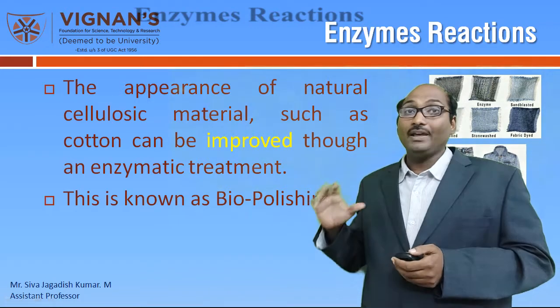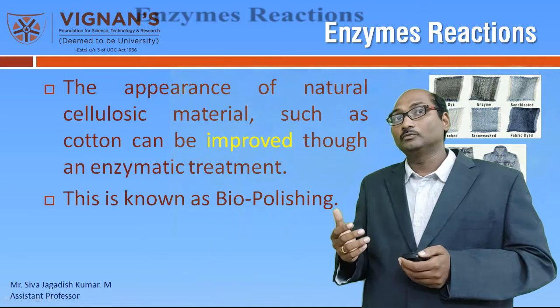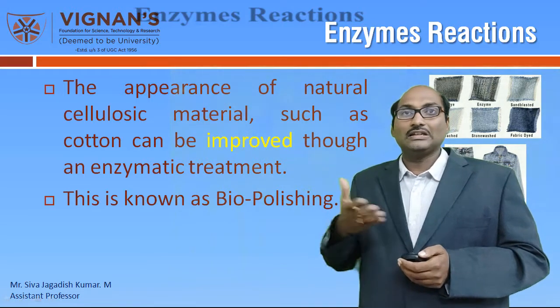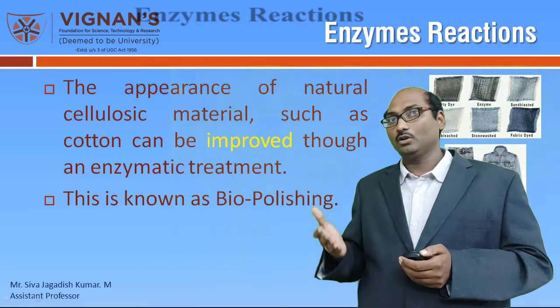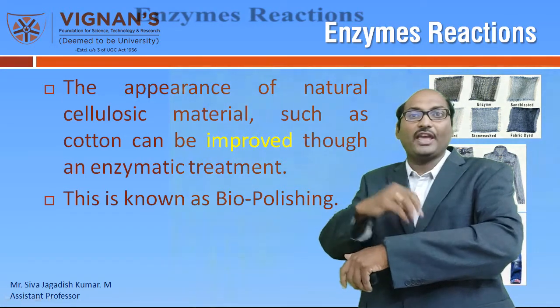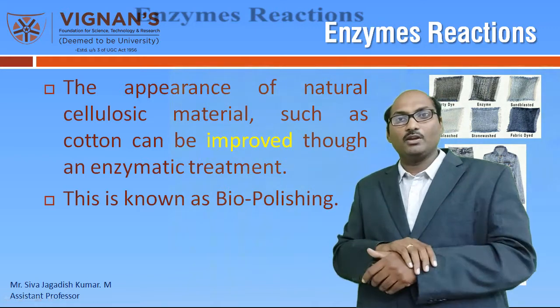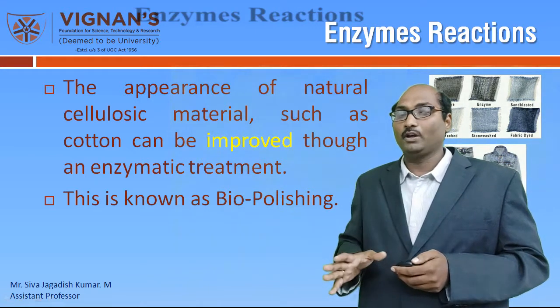The appearance of natural cellulosic material like cotton can be improved through this enzymatic treatment. This is also known as biopolishing, where the surface hairs and pills are removed so that sheen can be improved. That is referred to as biopolishing.